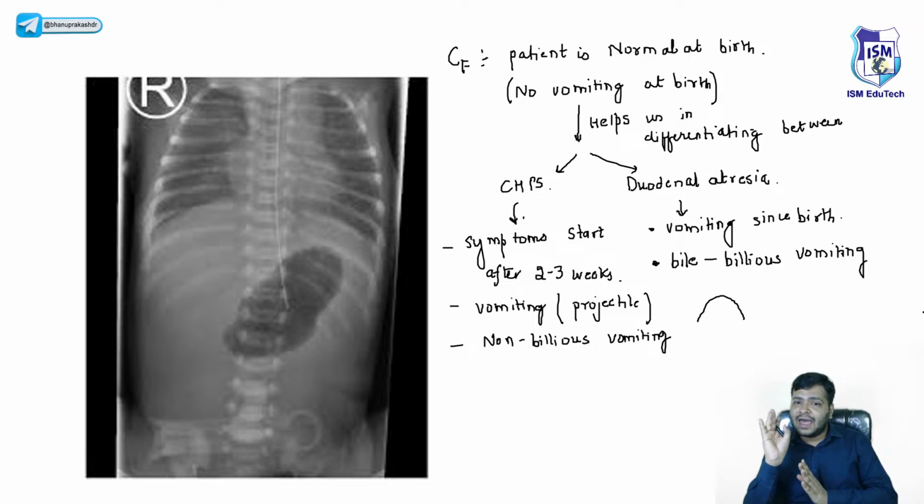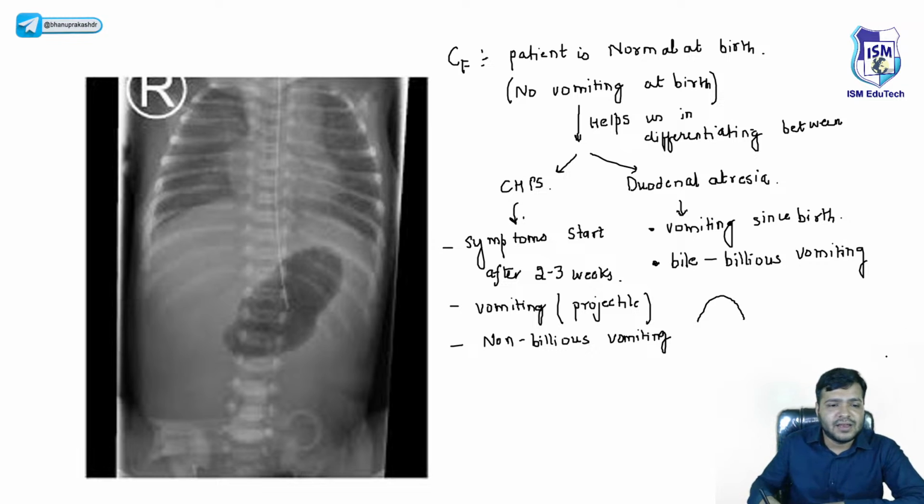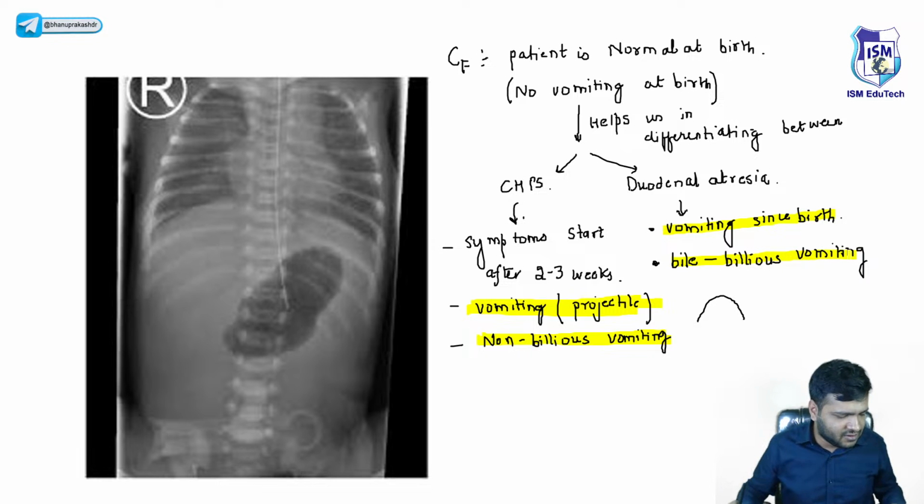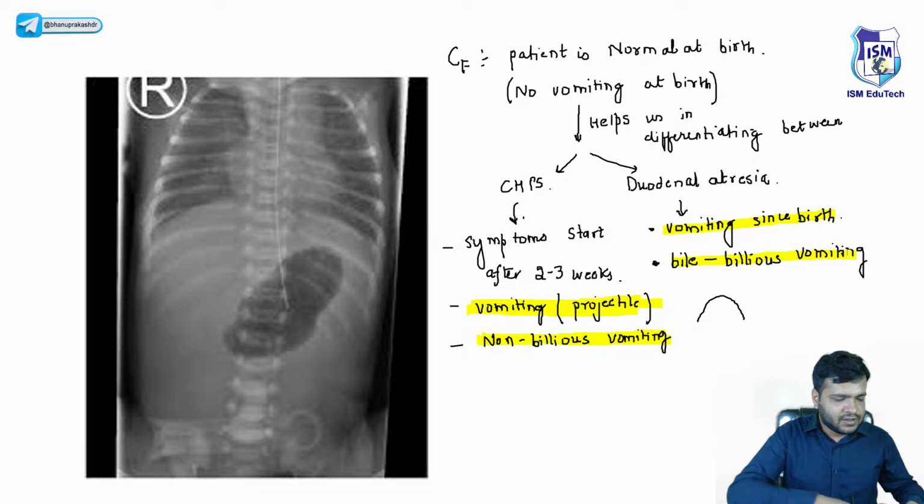The vomiting and the bilious part, these two points are important to differentiate. वैसे तो इसी से डिफरेंशिएट हो जाता है, if you just read the first 2 lines of the question. Apart from that, investigatory choices are also sometimes given in the options. Last time it was also an FMG question, where the question was very simple. They had given a case and they had shown this x-ray as well.